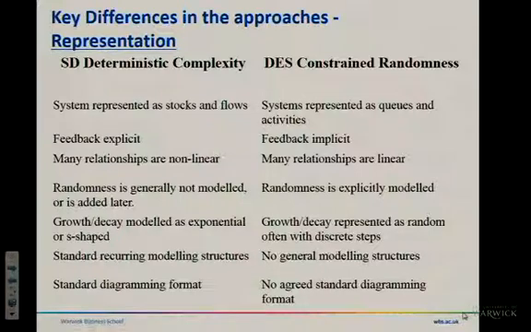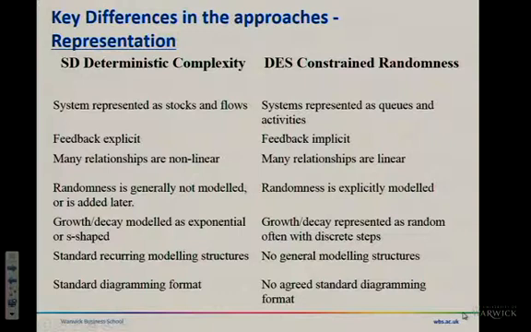Either your entity or your client is served or not. But in system dynamics, your patient will be treated if a set of constraints or aspects are being fulfilled, and many times the relationships are nonlinear. Randomness is generally not modeled in system dynamics, it's added later.